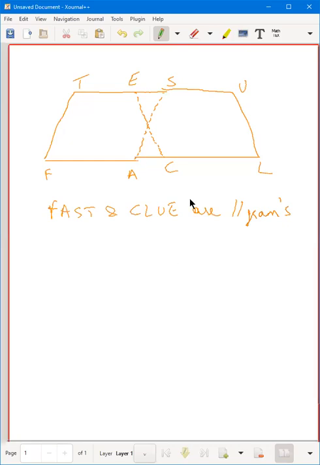So in these two are parallelograms. We are given that angle T is 120 degrees. We have to find the value of X. We are given that angle L is 70 degrees. We have to find the value of X, this small angle over here. Let this be O. Quickly do this.